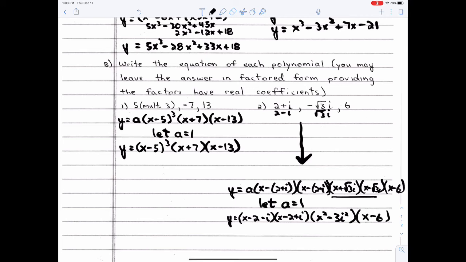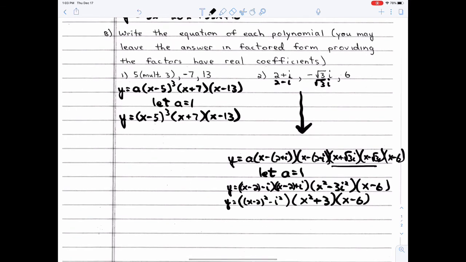Remember when we multiplied these, I'm going to put parentheses. They're conjugates. So we'd have x minus 2 quantity squared, and then minus i squared. Okay, that's the first one. This is x squared plus 3, and this is x minus 6.